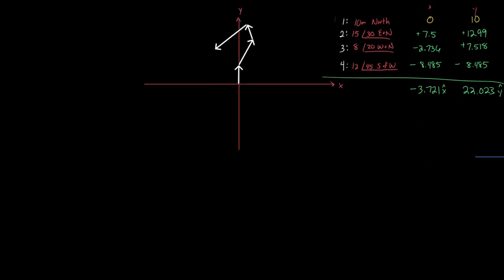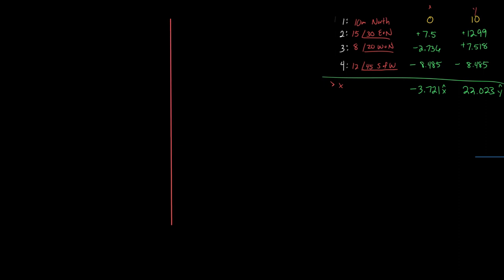But my last step is to find my result. So I'm going to do that. I'm going to get that out of my way, and I'm going to draw in a new coordinate system. I don't need much of one, and it appears to be in the second quadrant.